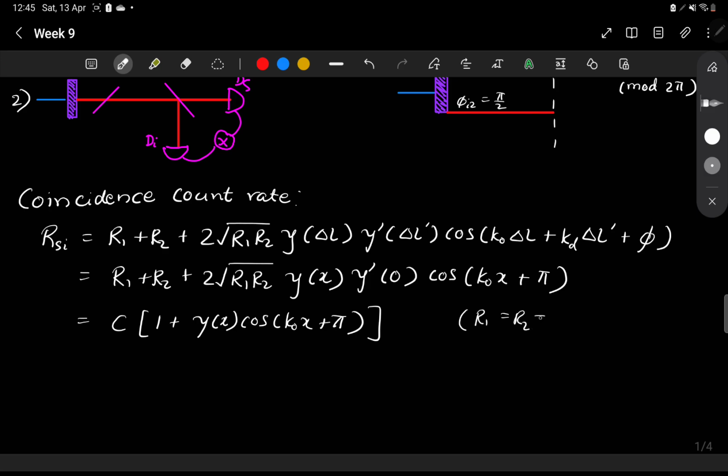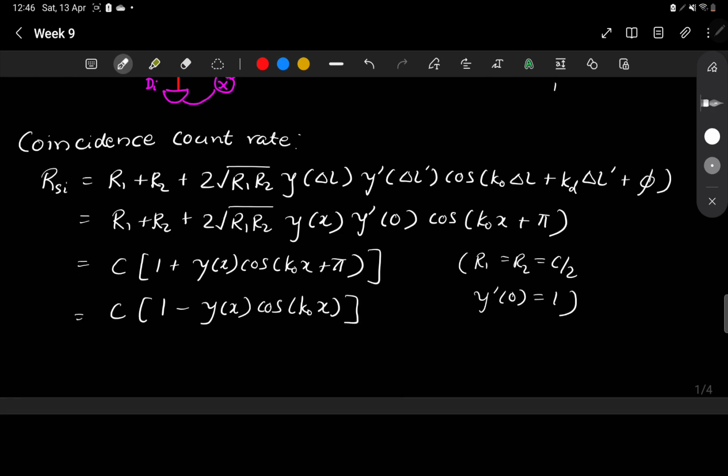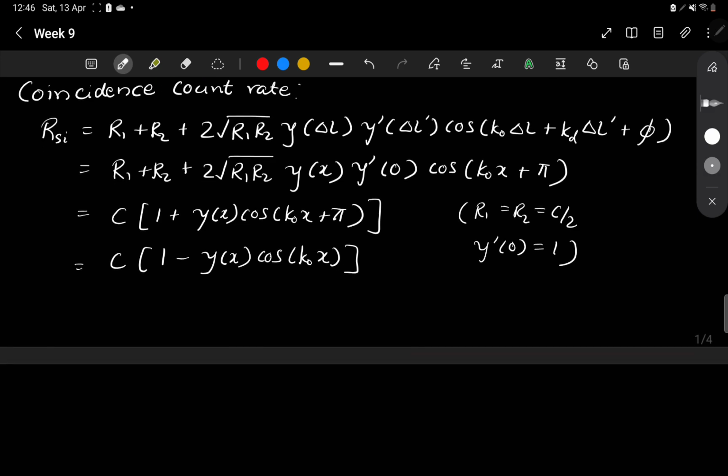R1 equals R2 equals C by 2, and gamma prime of 0 is equal to 1. So this gives me the following. So this is the coincidence count rate.